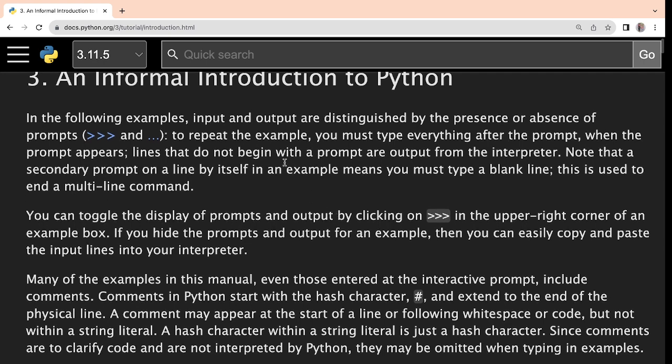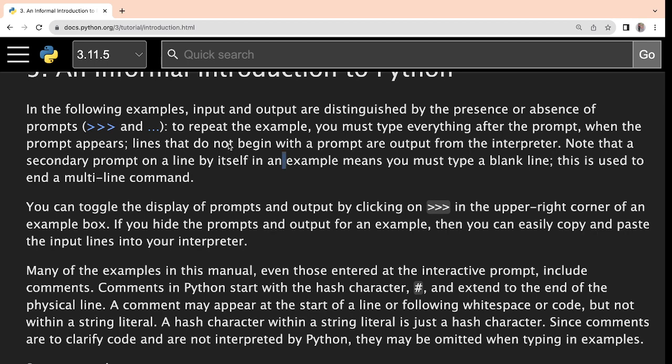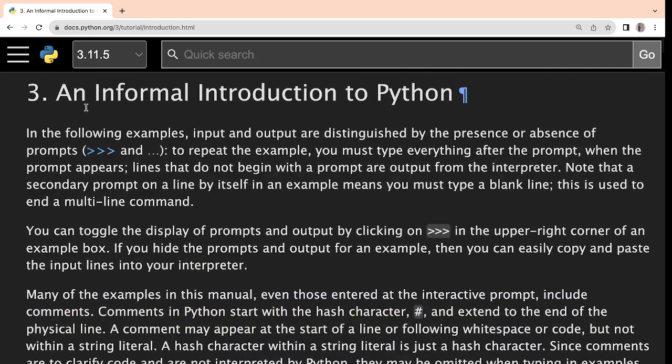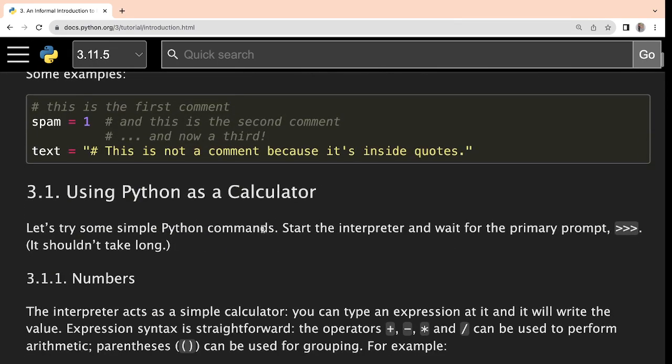As we saw, for input and output we always write the commands at these prompts. We can understand whether a particular line is input or output by the presence or absence of the prompts.